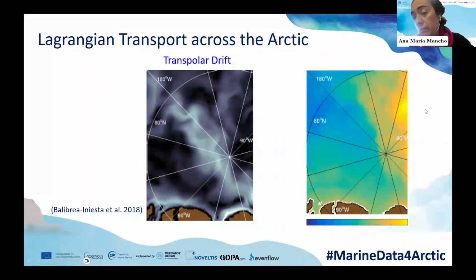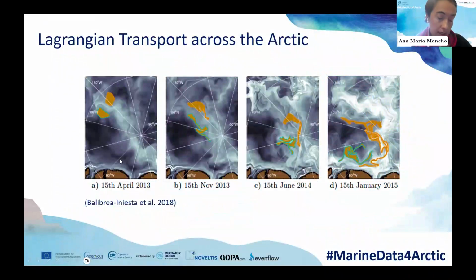saltier waters that come into the Arctic from the Atlantic, and the Canadian Basin, which in this picture is at the left. So to truly explore the barrier effect of the transpolar drift, in this slide I have performed a simulation of 2 blobs at both sides of the transpolar drift.